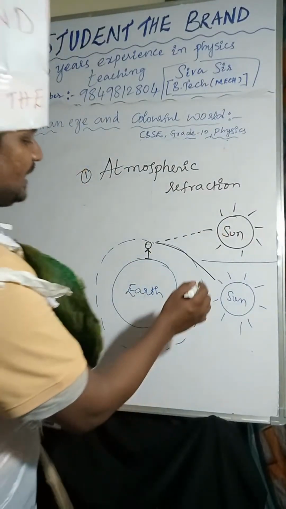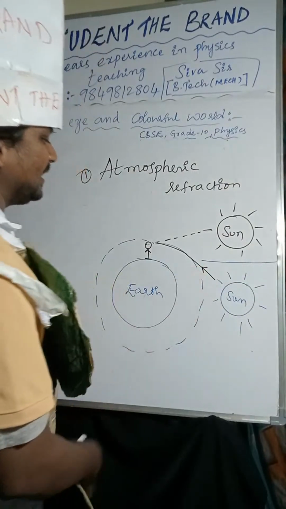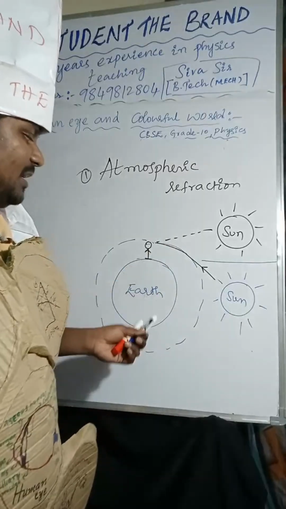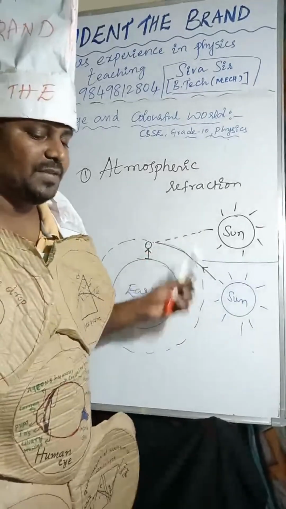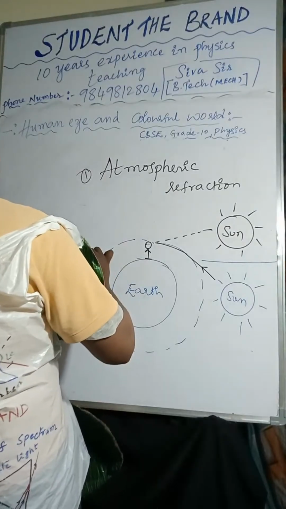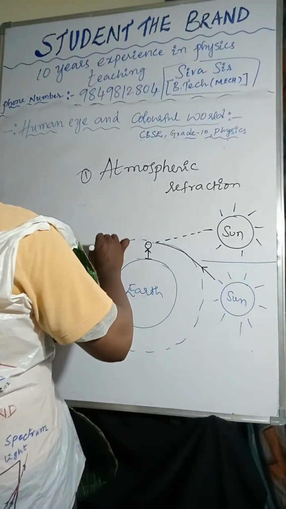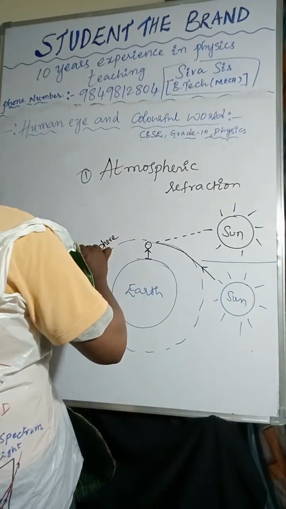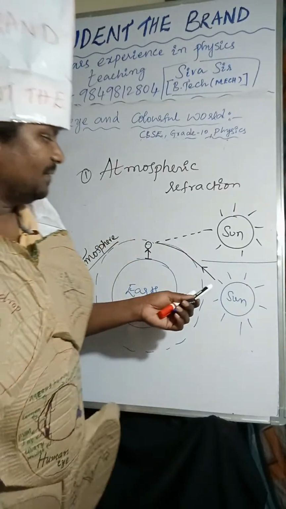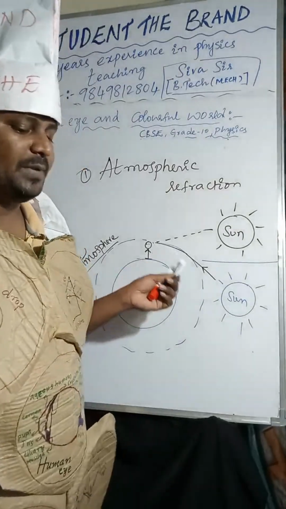So here, if the light ray is coming from the sun, because of the atmosphere of the earth, this entire portion is atmosphere, the refraction takes place.